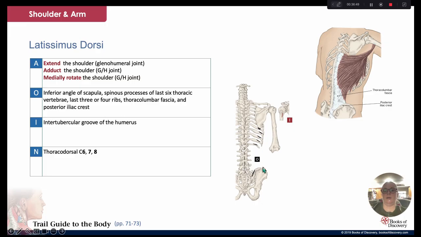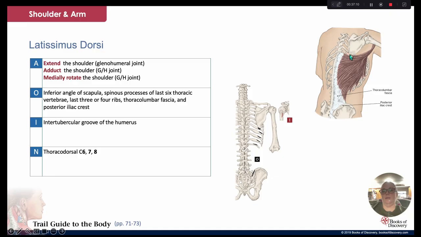Now, we haven't learned about the iliac crest yet, but that is the top of your hip bone. So we're talking about the posterior, the back part of your hip bone. You can see here that if you were to have tension in this muscle, it could affect any of the points that it is attached to.